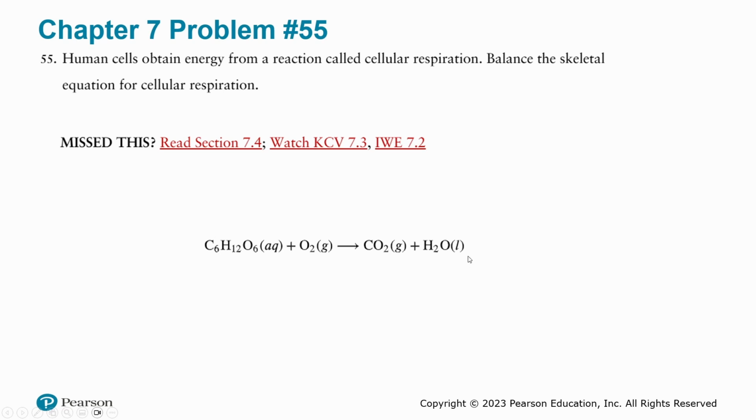In order to balance these chemical equations, we want to make sure that the same number of atoms are on each side of the reaction scheme. So we want the same number of carbons on the left and the right. We want the same number of hydrogens in the starting material and the products. Same thing with oxygens.